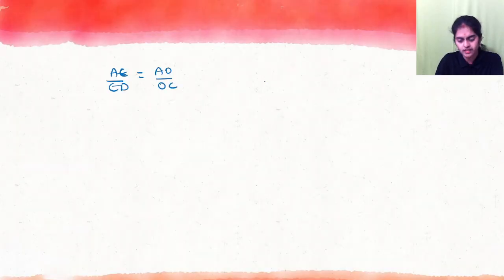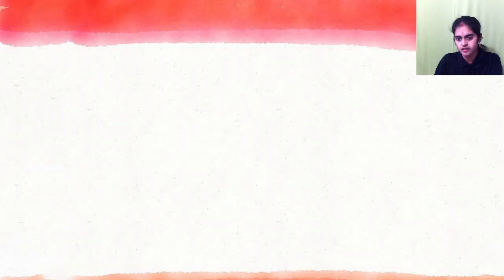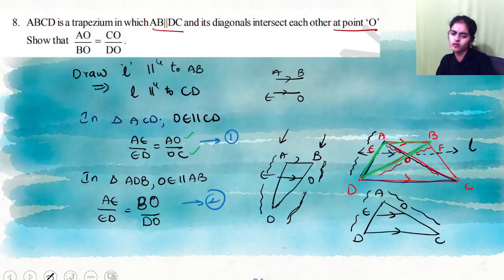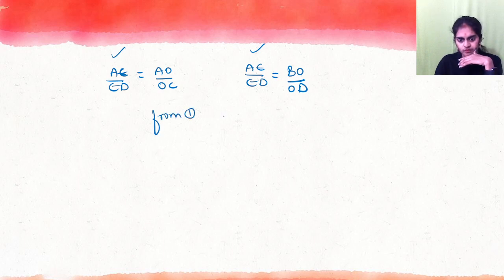AO by OC. Also, I got AE by ED is equal to, let this be equation 1 and equation 2, BO by OD. OD or DO both are same. So AE by ED are same. So from 1 and 2, I can simply write AO by OC is equal to BO by OD.